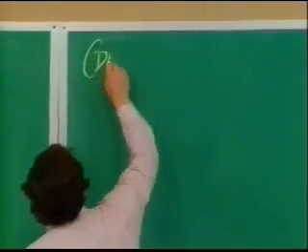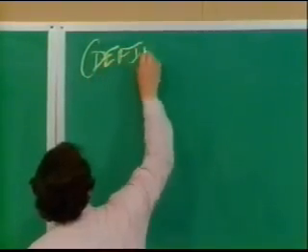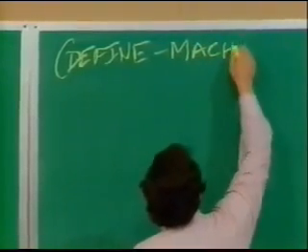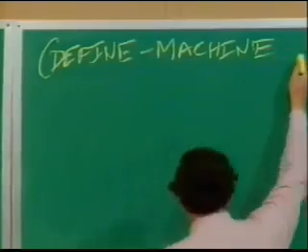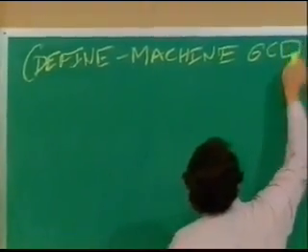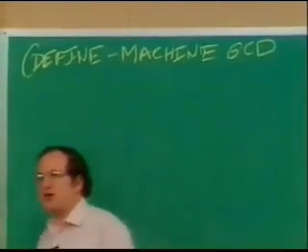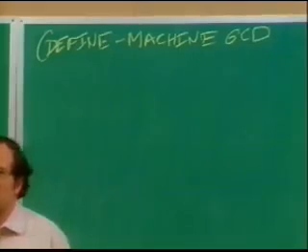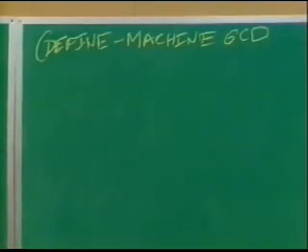Say, define a machine we'll call GCD. Of course, once we have something like this, we have a simulator for it. And the reason why we want to build a language of this form is because all of a sudden we can manipulate these expressions that I'm writing down.